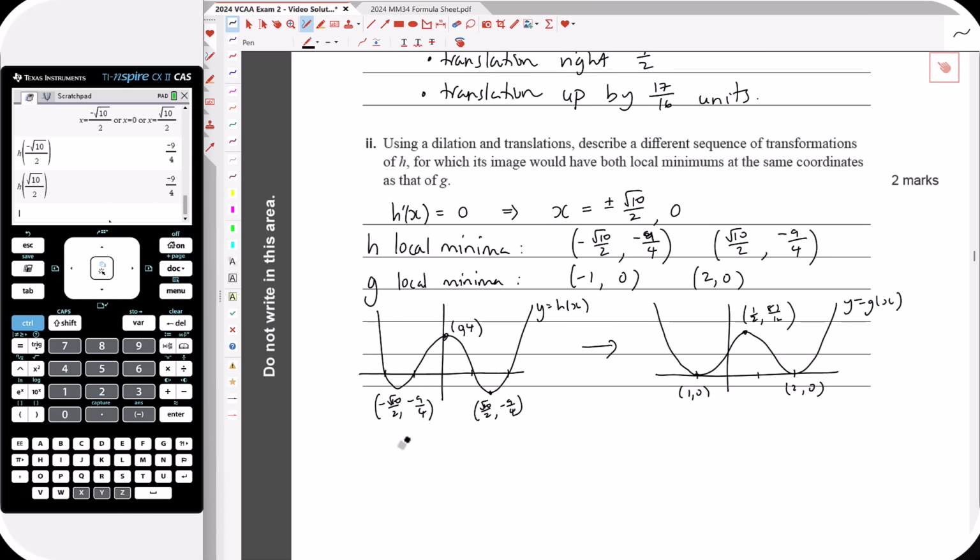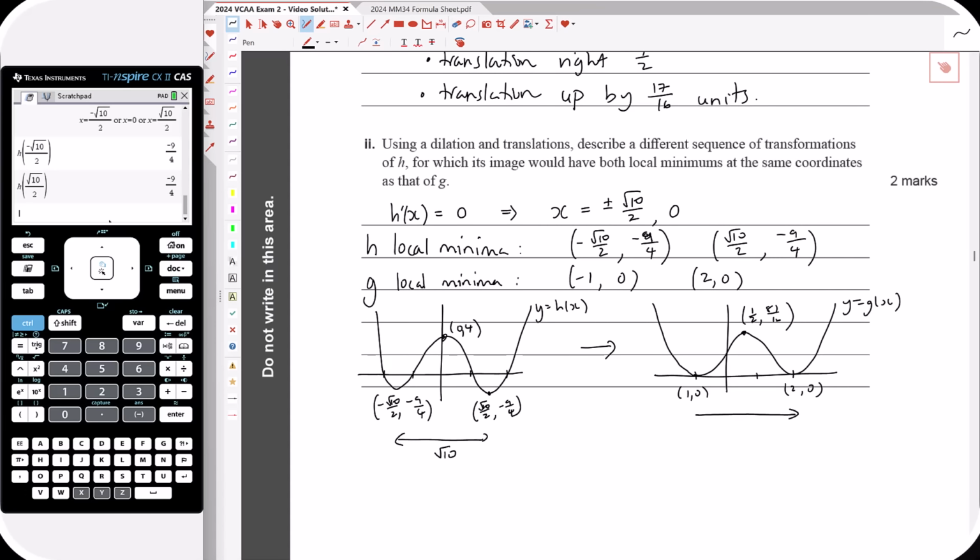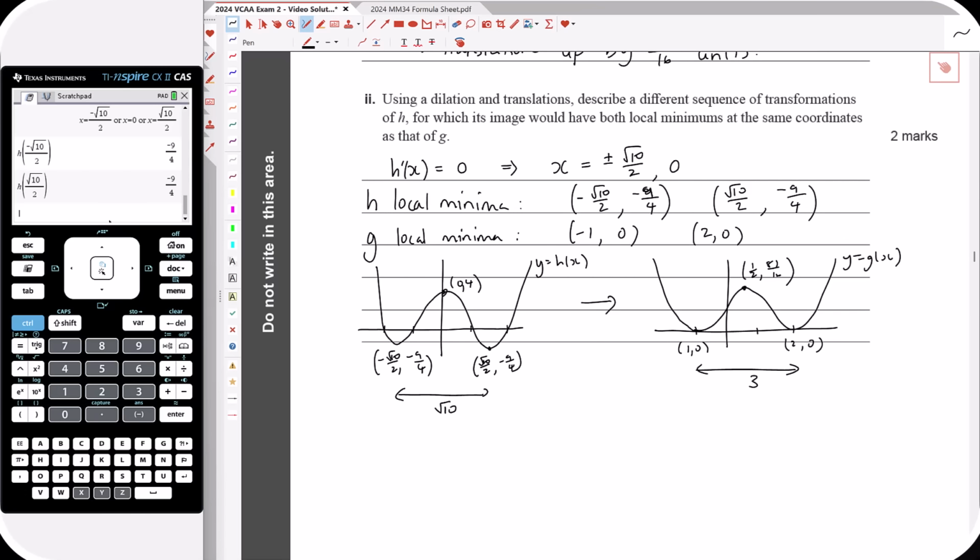You could do it either way, but essentially you could think about this distance from here to here, which is going to be 2 lots of root 10 on 2, so that's going to be root 10, that distance between the minimums, whereas here the distance between the minimums is 3. Okay, so we need to dilate it so the distance goes from being root 10 to being 3. So we need root 10 times some kind of dilation factor to equal 3, and so k is going to have to be 3 on root 10. Obviously that could also be written as 3 root 10 on 10, but we don't need to rationalise.